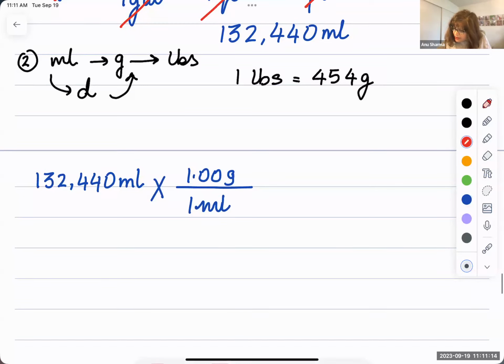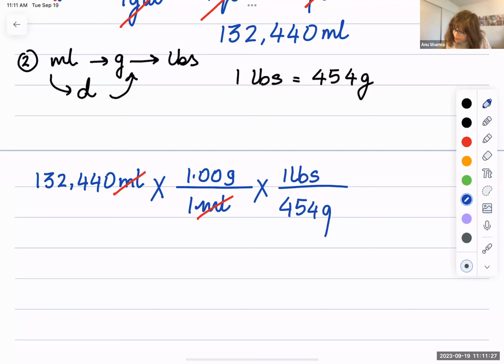The milliliter and milliliter cancel out. Next, convert the grams to pounds. 1 pound is 454 grams, and they want the answer in pounds, so you stop here. This cancels out the grams. 132,440 times 1 divided by 454, and you get 291.71 pounds.